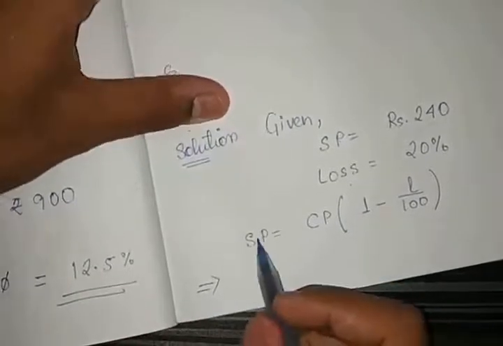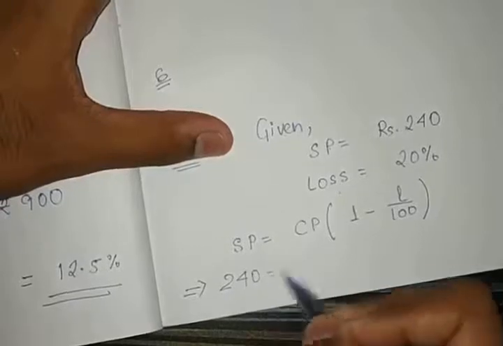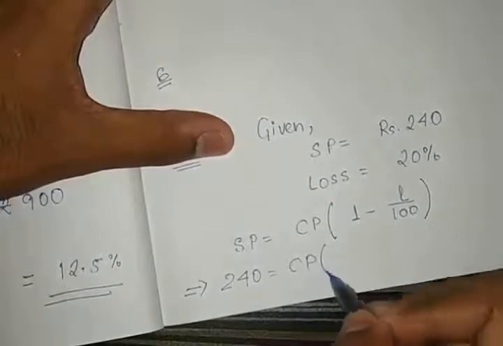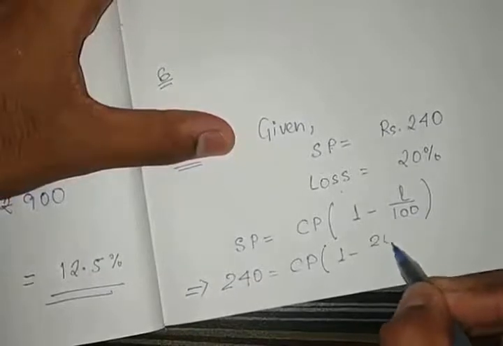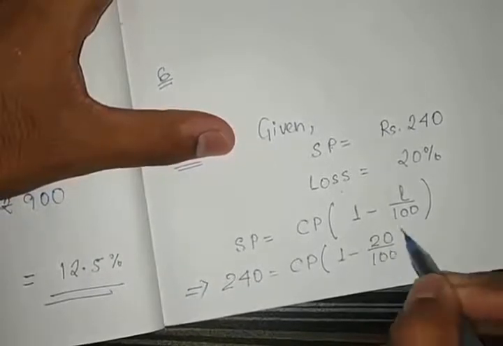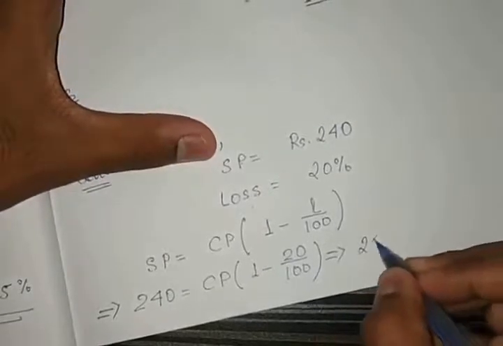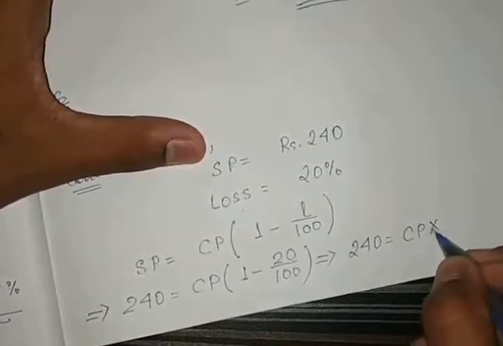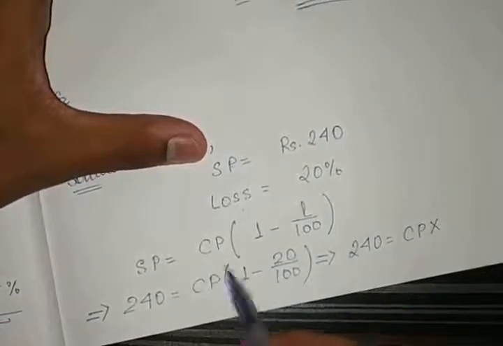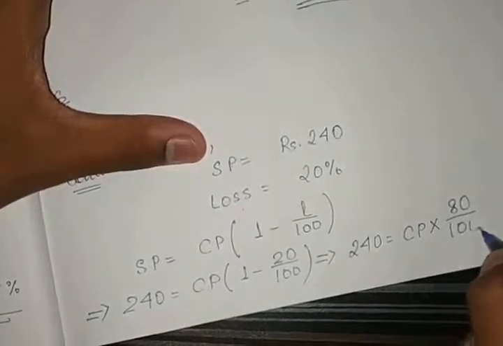The selling price given to us is 240. Cost price we have to determine, 1 minus loss, which is 20 by 100. Now if we solve this, 240 is equal to cost price into 100 minus 20, this will be 80 by 100.